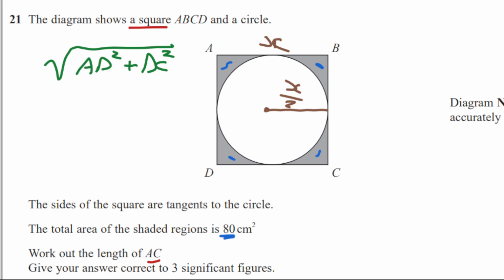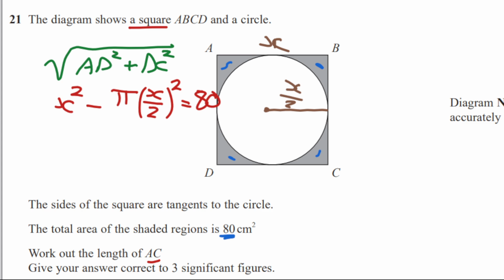Now let's find the area in terms of x. The area of the square is x times x, which is x squared, minus the area of the circle, it's pi times the radius squared. The radius is x divided by 2, squared. That equals the shaded area, which is 80. And now we solve this.